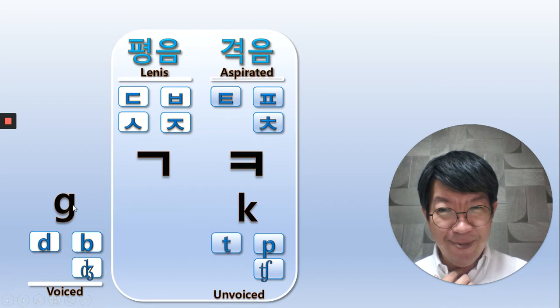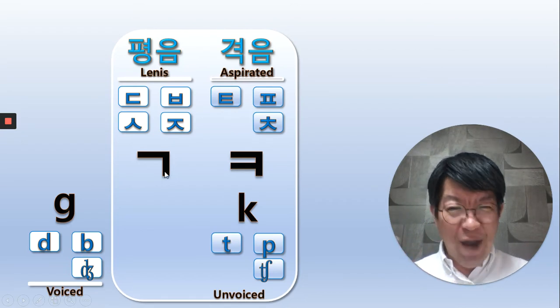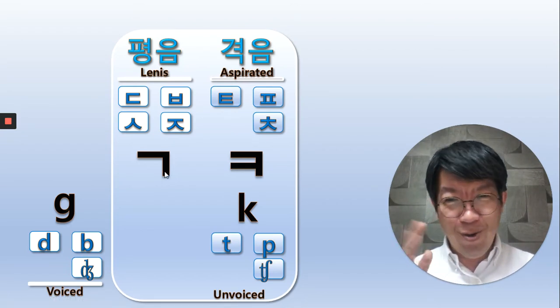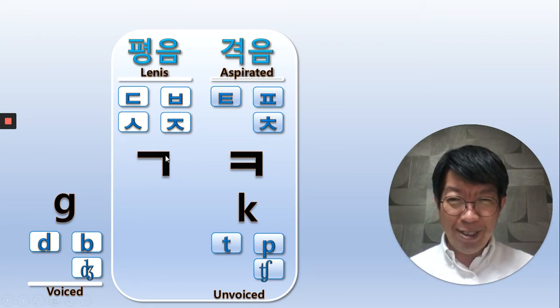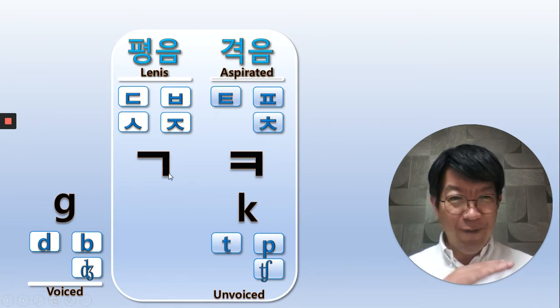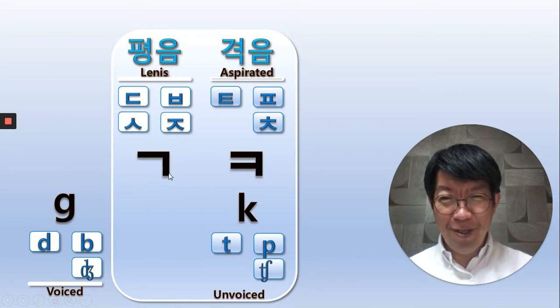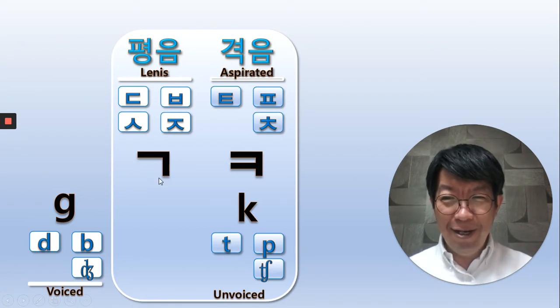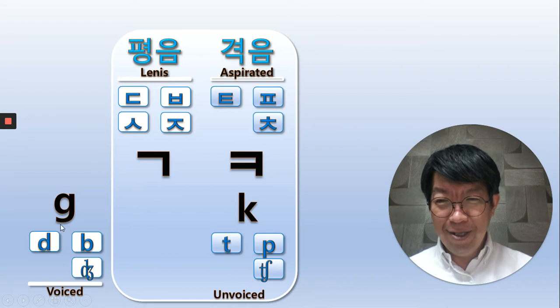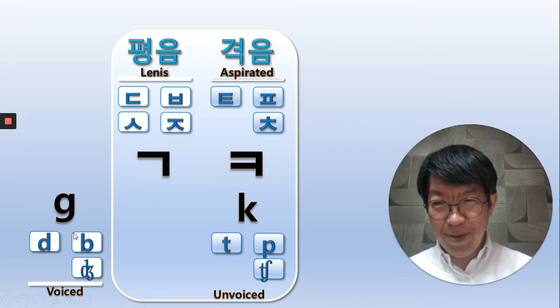Do you understand? So when you are very sensitive, almost at the level of a linguist, you need to memorize that this g is a k and this k is a kh. But if you are just an ordinary person, maybe I recommend you memorize this g is like this g. English d and Korean d are quite similar, and b is b, and j is j.